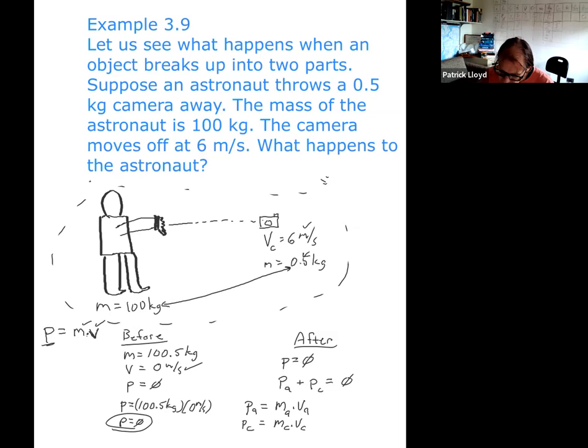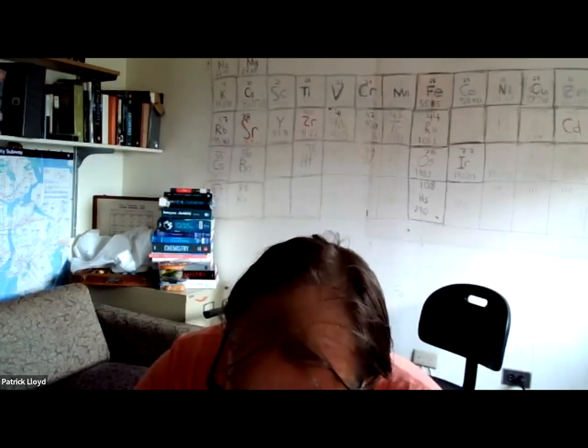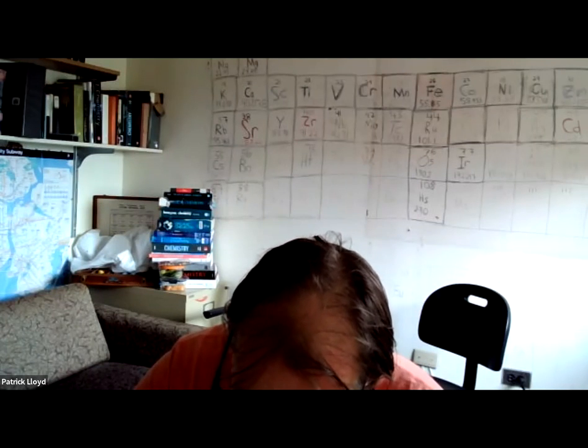Okay, so let's go ahead and write that out. We have 100 kilograms, that's the astronaut's mass, times the velocity of the astronaut, plus 0.5 kilograms, that's the mass of the camera, times 6 meters per second. And that's got to add up to 0, right?